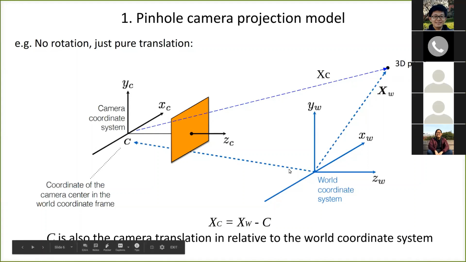So the relationship between the transformation of the coordinate from the world coordinate system to the camera coordinate system and the rotation and translation, or the motion, of the camera itself is actually the inverse matrix. So they are mutually inverse, right?